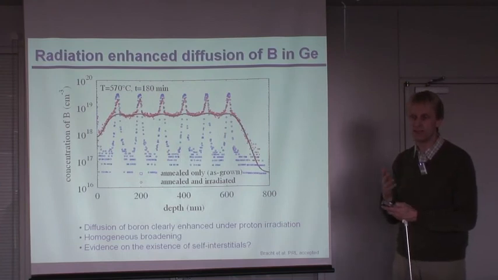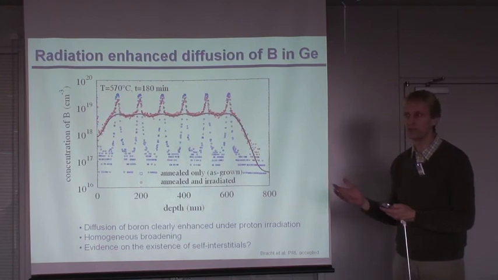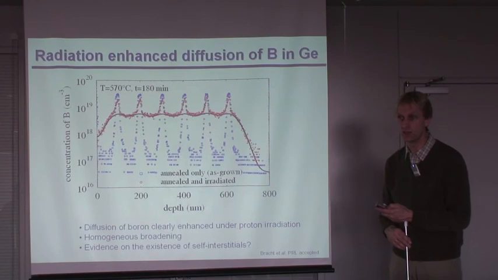And this, of course, has never been observed, that a diffusion of an element under irradiation is retarded. Usually you think everything is enhanced. So maybe you can tell me, but I'm not aware of any element which goes slower under irradiation.